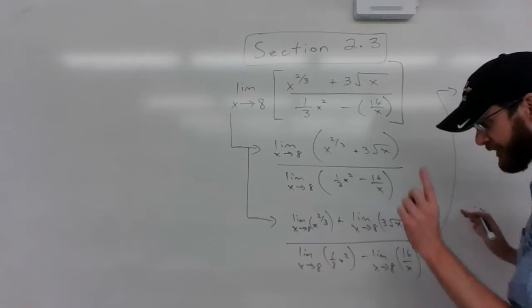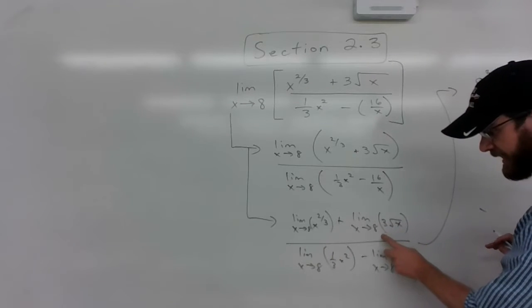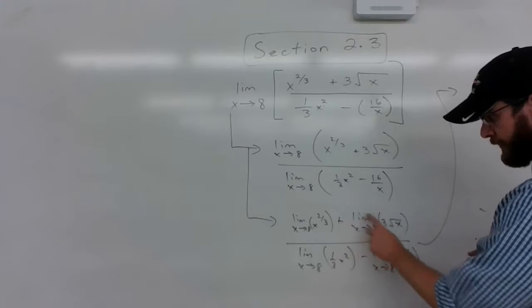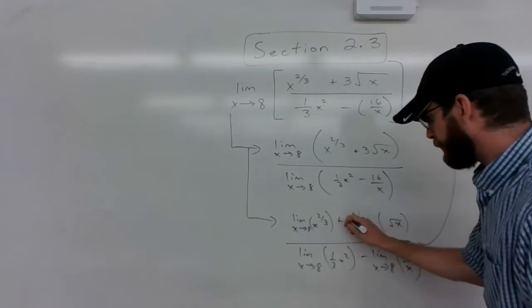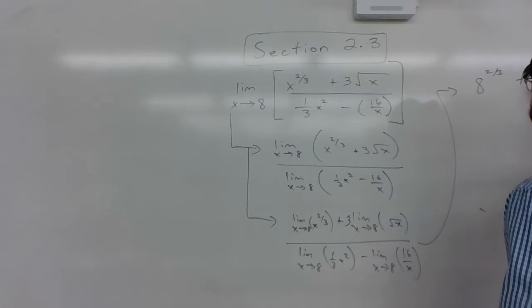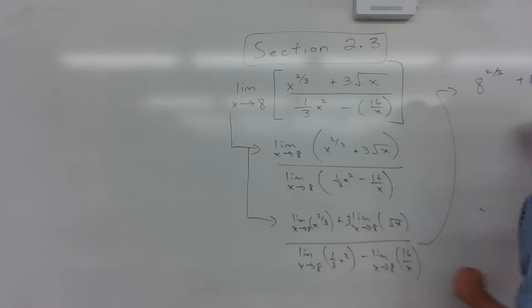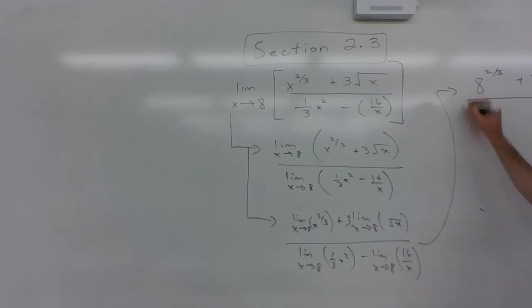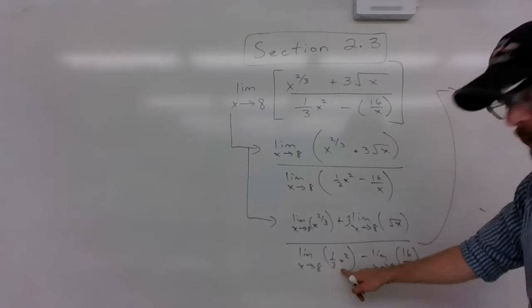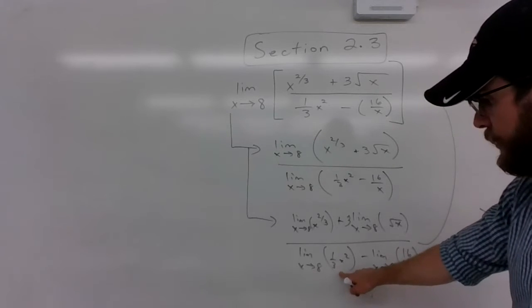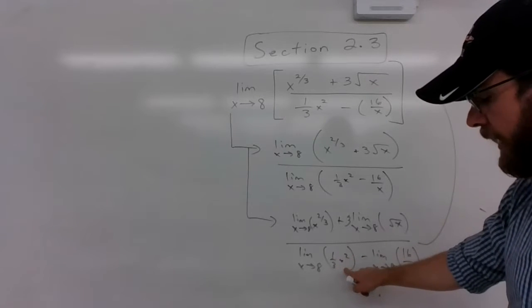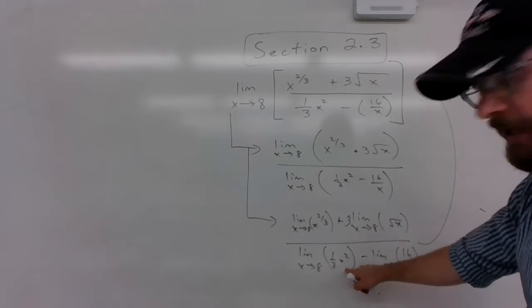All right? There's actually a rule, too, that says this 3 can come out in front of the limit so that you're just talking about 3 times that limit, which is root 8. And then any polynomial, it talks about how you can just do a straight plug-in because they don't have any domain issues.